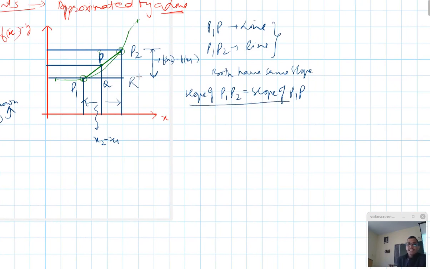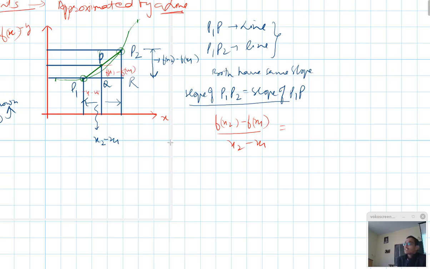using this idea, I can write down (f of x2 minus f of x1) over (x2 minus x1) is equal to, what is it? f of x minus f of x1, and here it is x minus x1.